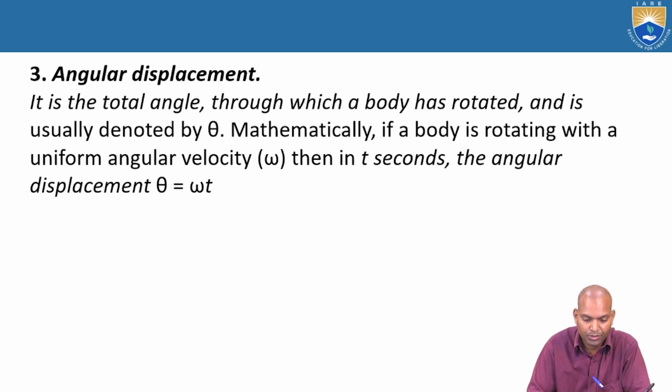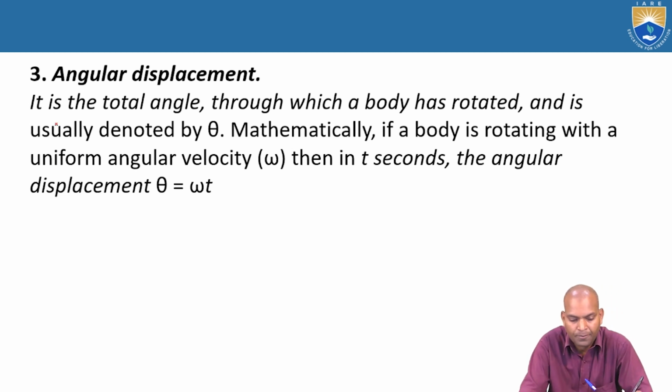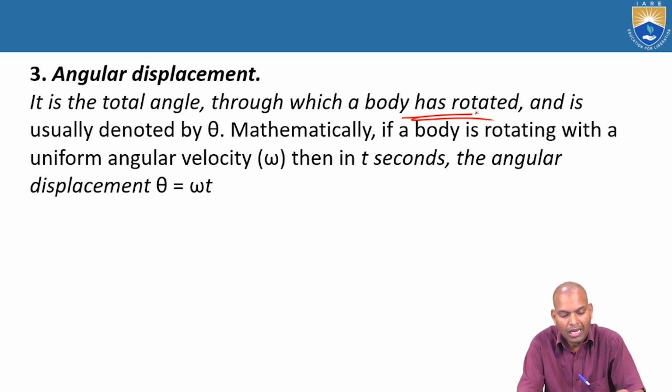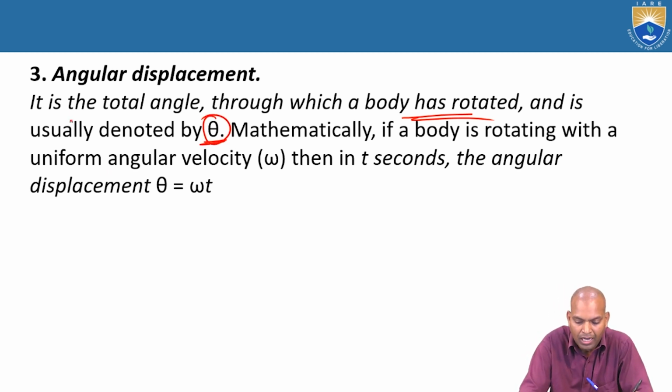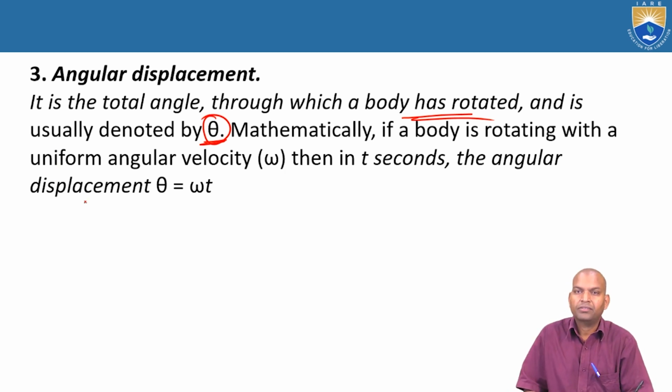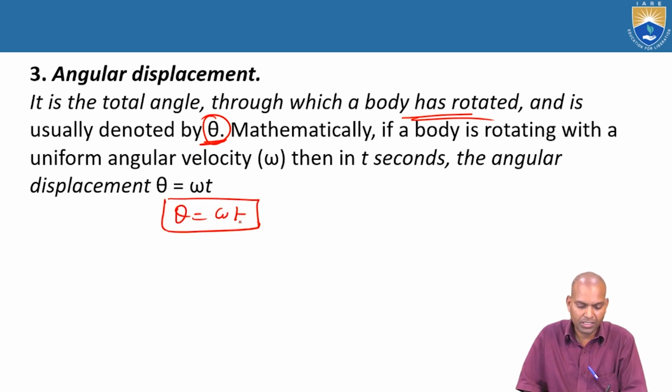One more thing is the angular displacement. The angular displacement is the total angle through which a body has been rotated, and it is denoted by theta. Mathematically, if a body is rotating with a uniform angular velocity, then in t seconds the angular displacement theta equals omega times t.